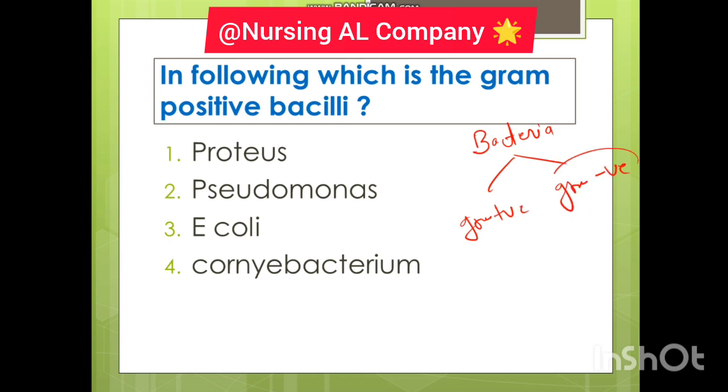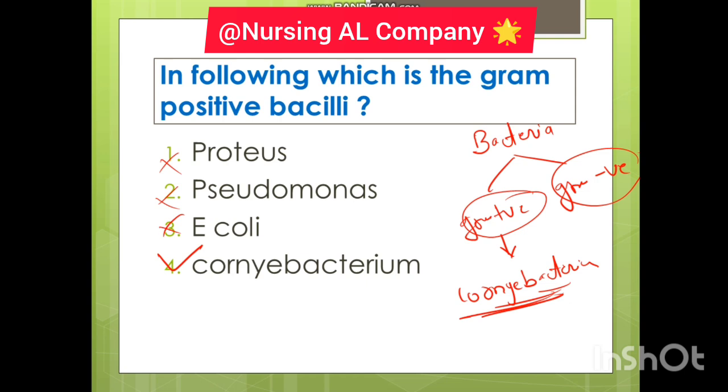Here they have asked for an example of gram positive bacteria. Escherichia coli and Pseudomonas are not; the right answer is Corynebacterium. It is a factual question. You must know which are gram positive and which are gram negative bacteria.